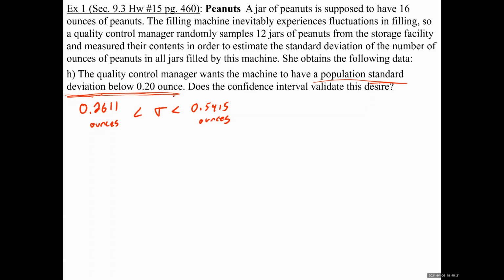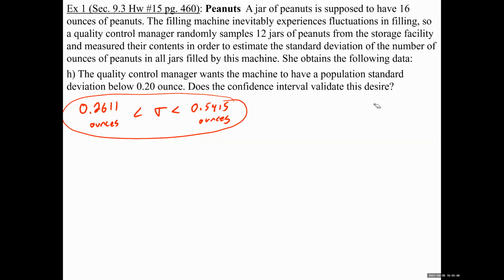Now it says, does the confidence interval validate this desire? We want sigma to be below 0.20, but we estimated that sigma is between these two numbers. Does the confidence interval validate this desire? Yes or no? No. So look, you're saying you think sigma is between 0.26 whatever and 0.54 whatever.